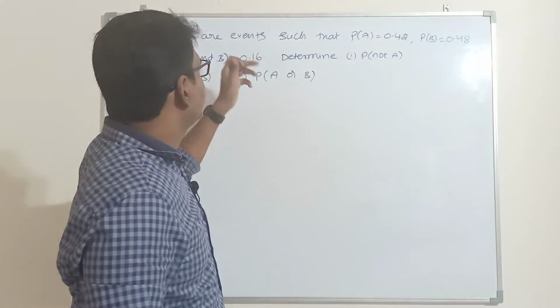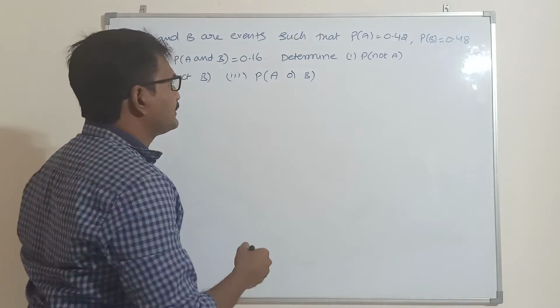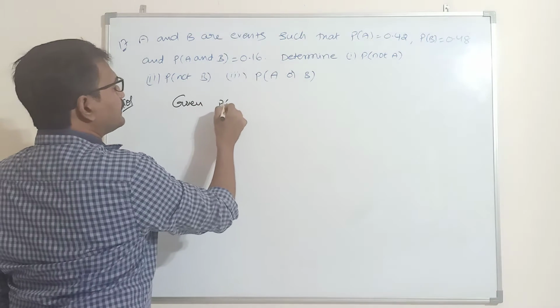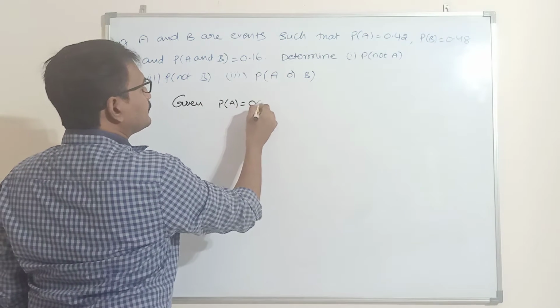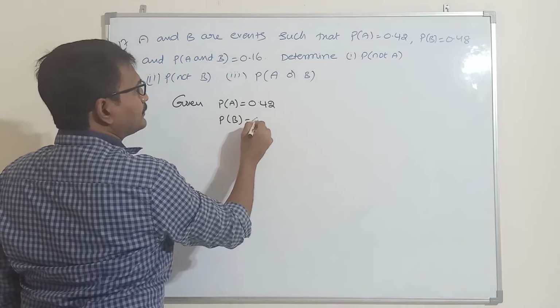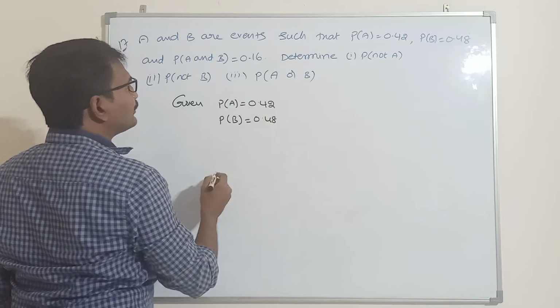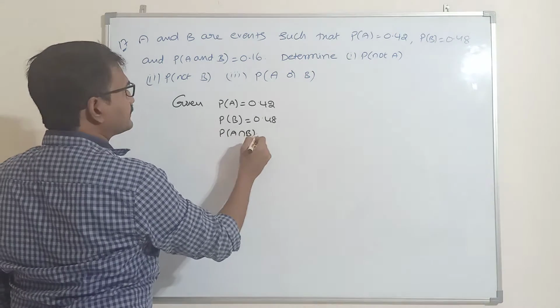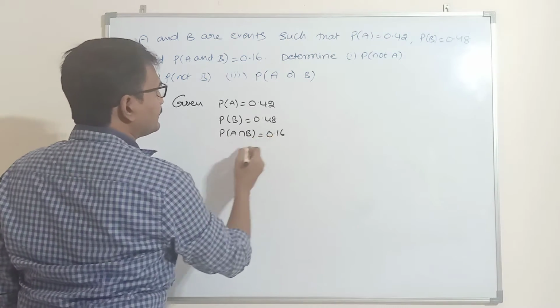Next problem. A and B are events such that P of A is equal to 0.42, P of B is equal to 0.48, and P of A and B, meaning intersection, is equal to 0.16.